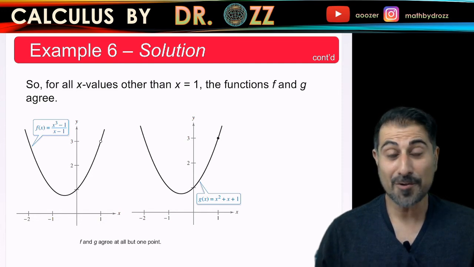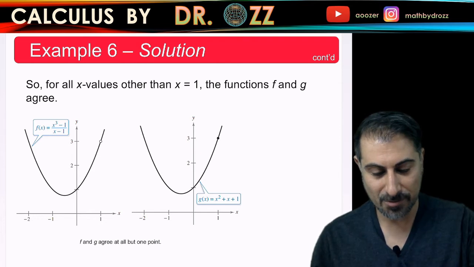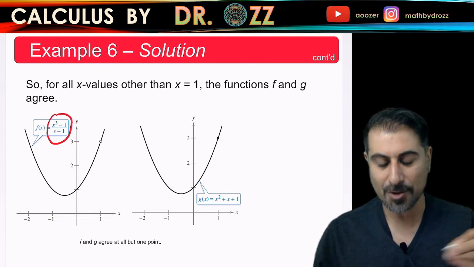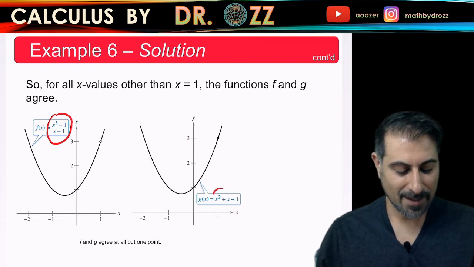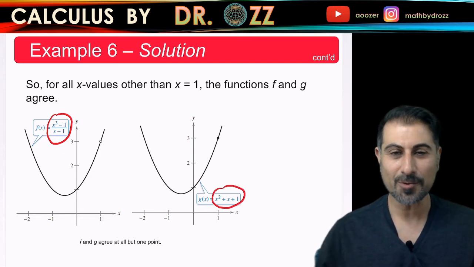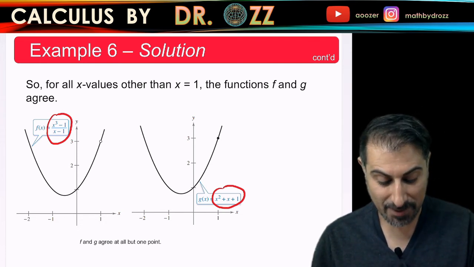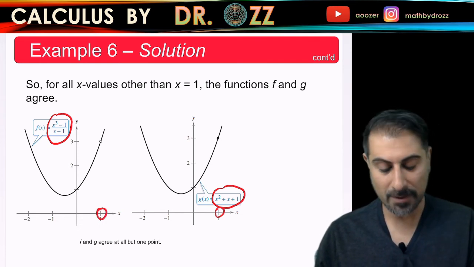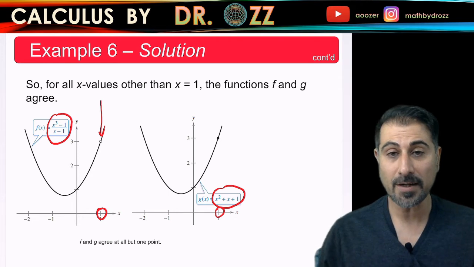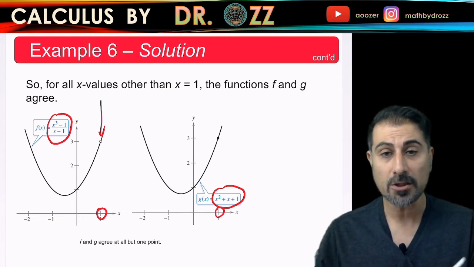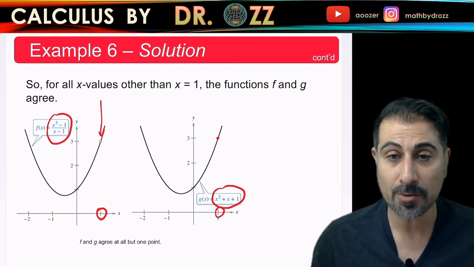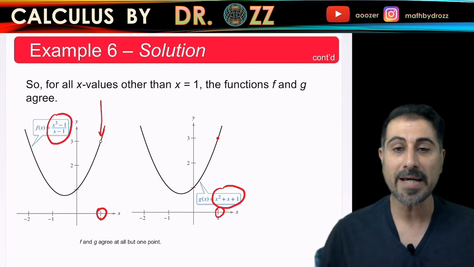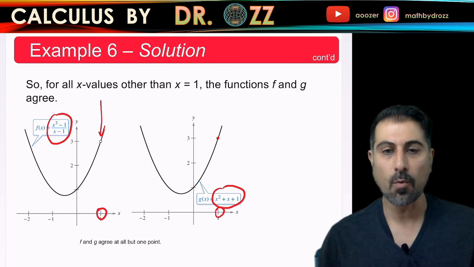If you use your calculator, you will realize that the graph of f, x cubed minus 1 divided by x minus 1, and the graph of x squared plus x plus 1 match except at x equals 1, because this rational function is not defined at x equals 1, so we have a hole here. And this one is defined, so that's why it's filled in here. So these two functions match everywhere except x equals 1.